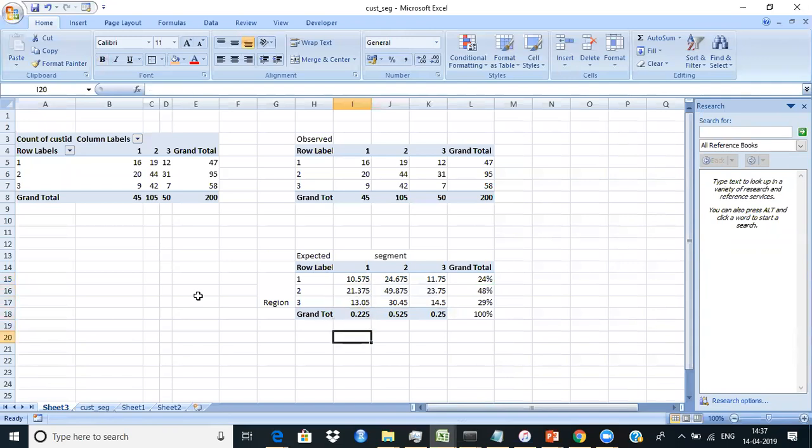Okay. Now, what is chi-square? What chi-square does is it calculates, if I remember correctly, I might not be right, the sum of observed minus expected square divided by expected. This is what it calculates.